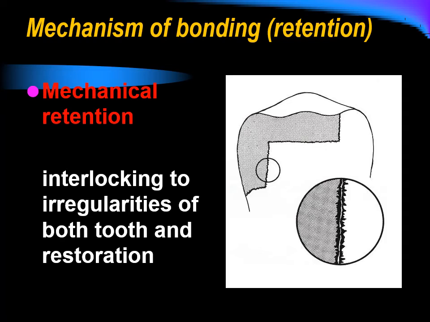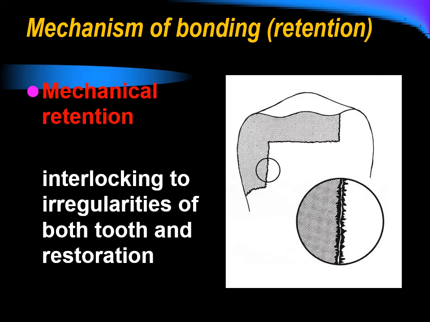The restoration bonds with the cement by mechanical retention. So the cement bonds the restoration to the tooth by mechanical interlocking, through the irregularities of the tooth structure and the restoration. The irregularities come from the preparing instruments or burs used to prepare the tooth.